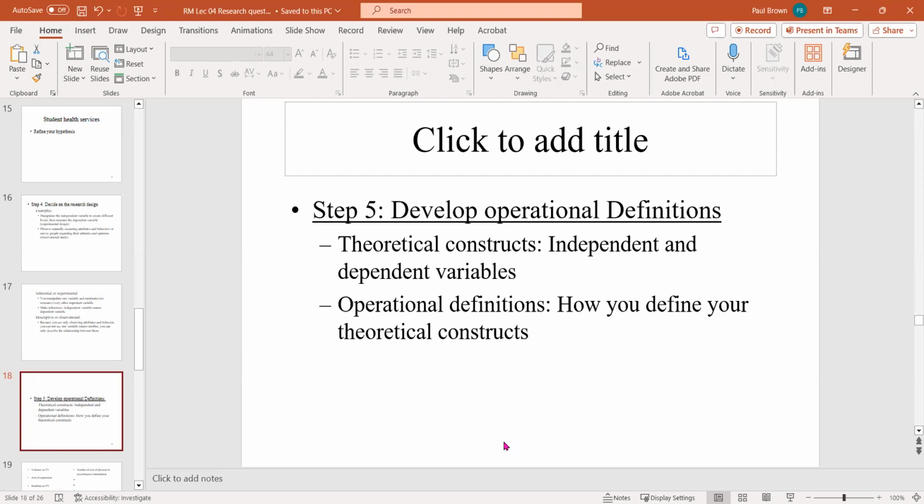Even if you've never used the services, what's your perception of the quality of the doctors in the clinic? Because doctors is one thing, but what's your perception of the way that you're treated in there? So you could have these different types of measures of what quality means. You have to figure out the measures of quality.